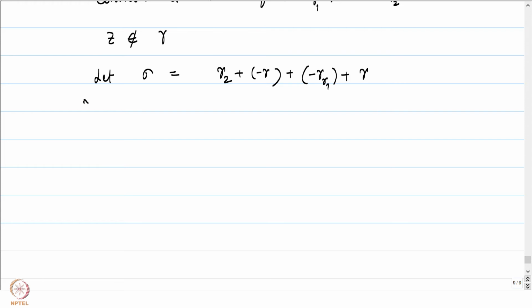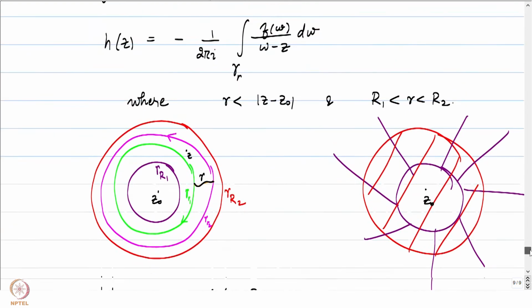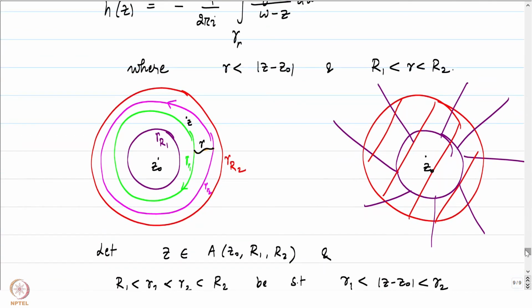Then sigma is a closed curve in A(z0, R1, R2). I am going to say that sigma is also null homotopic. Let me not give you an explicit homotopy here, let me just give you the idea.